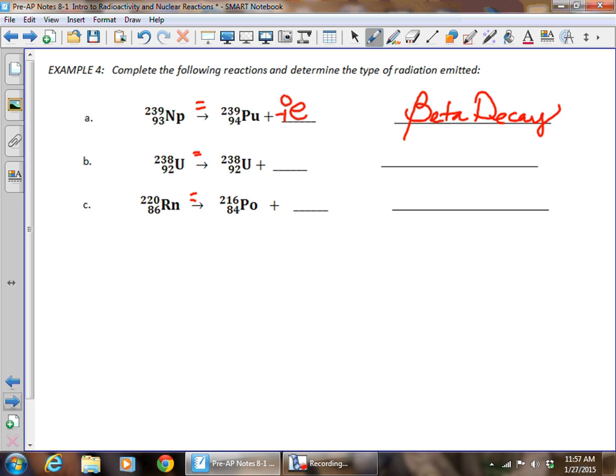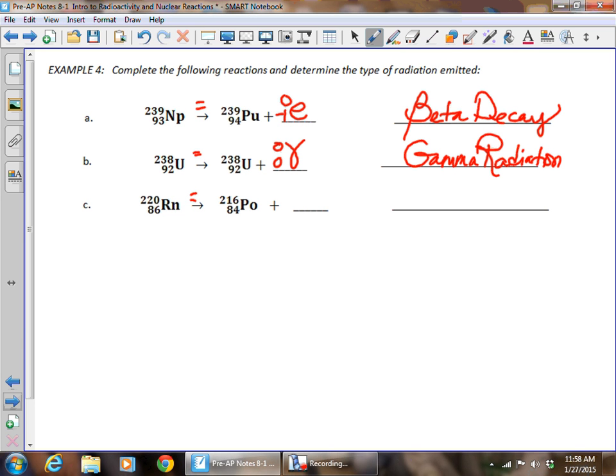In the next one, look at our two nuclides. No change in identity. So we've got 0 on top, 0 on bottom for this particle. The only particle that matches that is our gamma particle. So this is going to be gamma radiation given off by this particular radioactive element.